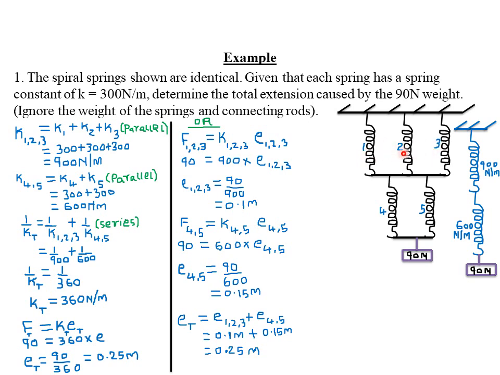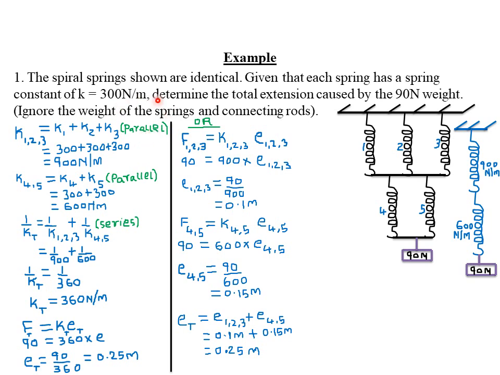To find the total spring constant for three springs arranged in parallel, we simply take the summation of the individual spring constants. So K total for springs 1, 2, and 3 combined is K1 plus K2 plus K3, because they are arranged in parallel.